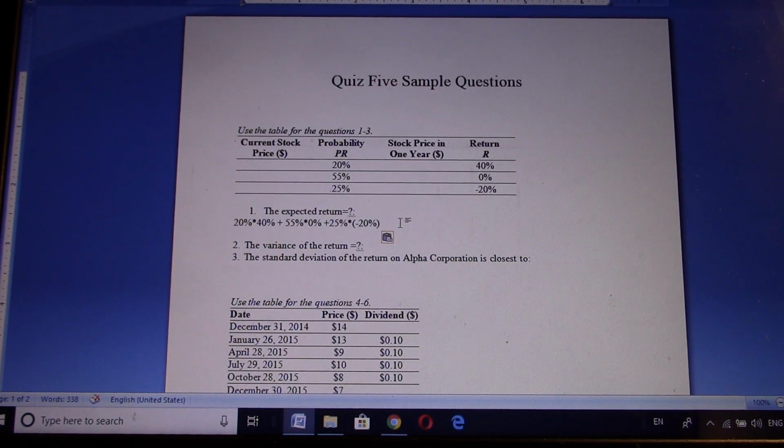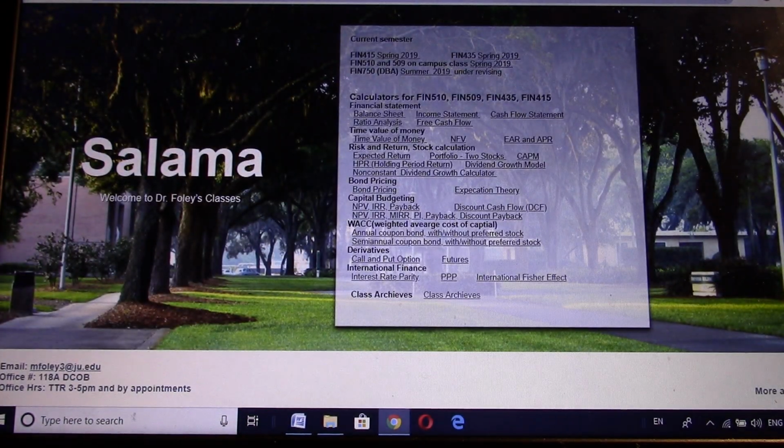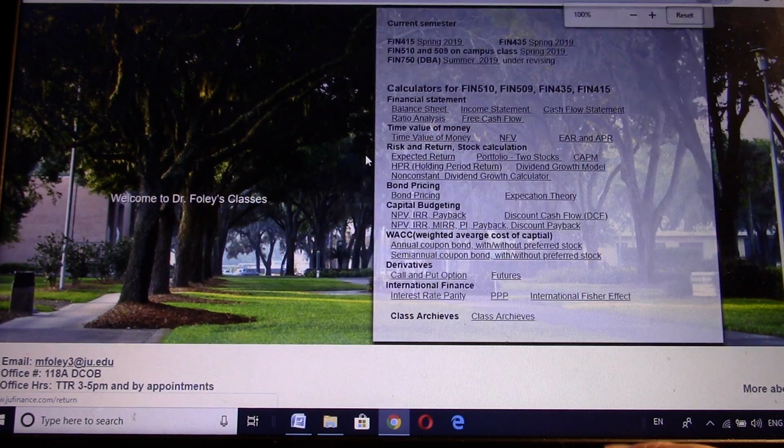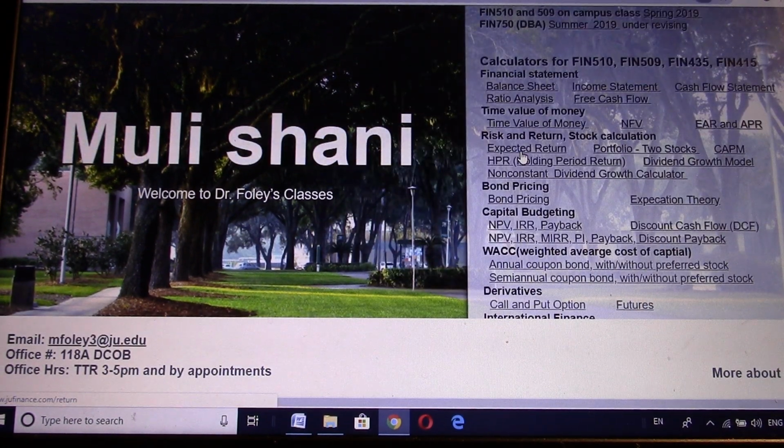The equations for variance and standard deviation are more complicated. So what you can do is find the variance and standard deviation equations at the class website. Go to jufinance.com and look for the expected return calculator under risk and return.